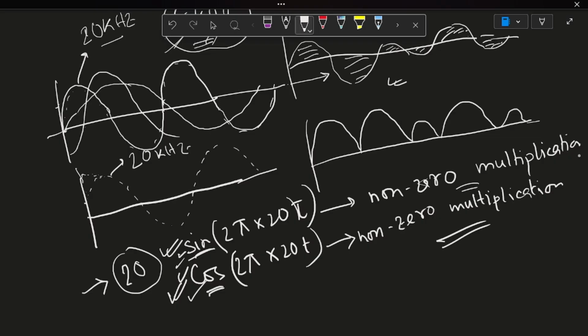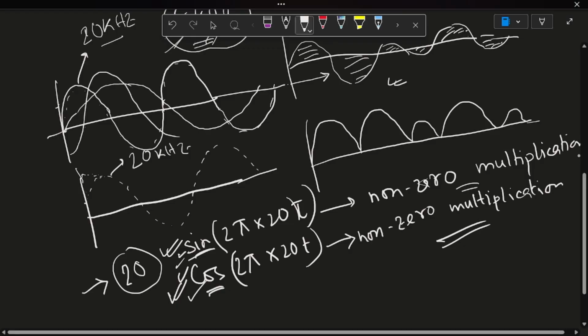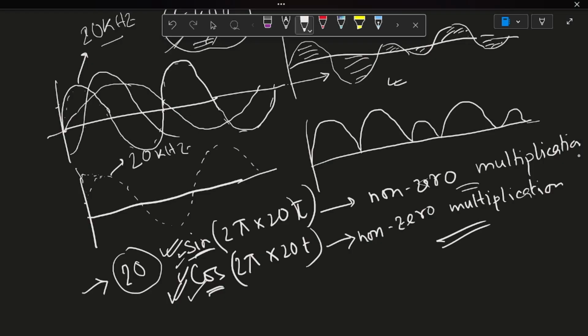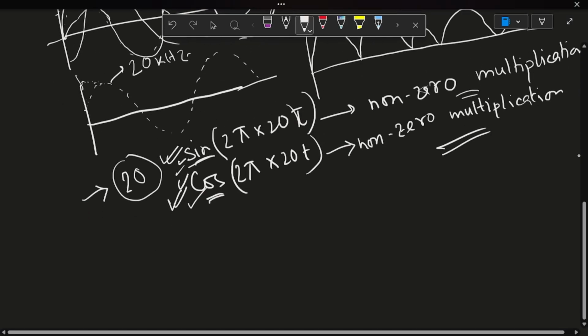If you compute the area, it will be around 0, but that will give you misinformation, because the response you are getting has 20 kilohertz frequency, but the sine function you are multiplying with is phase shifted by pi by 2 with your observed value, so it will give you an area around 0. You may think that there is no frequency component of 20 kilohertz, but actually there is. That is why you have to consider both sine and cosine, and multiply with both of them.